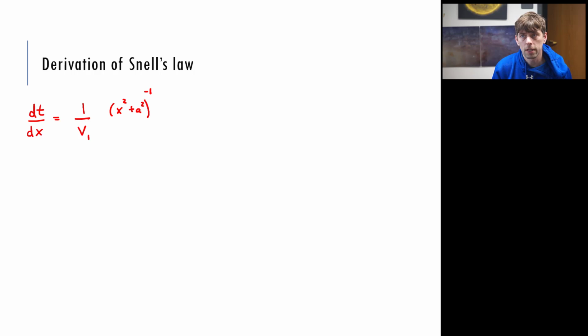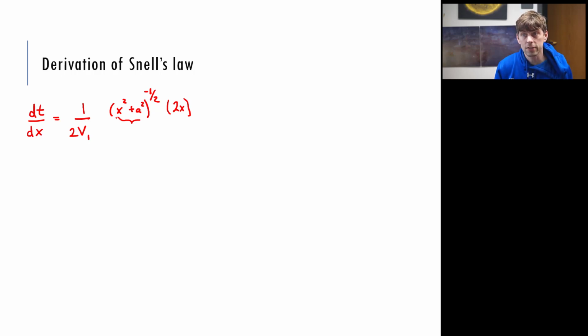So we get a negative 1/2. 1/2 comes down in front, so I'll put a 2 in here, and we have to decrease the power by 1. But wait, there's more. Now we have to remember that we have to chain rule. I have a function inside a function, and so we take a derivative of everything inside, and we get 2x.